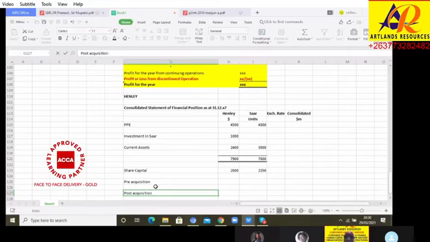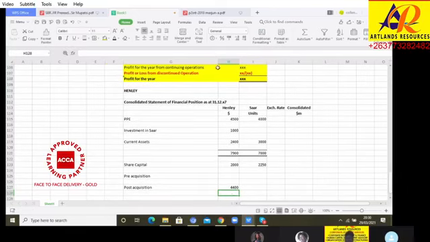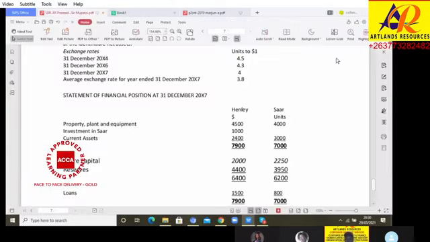So give me for Henley, what do we have? 4,400. For SAR? 4,400. Then for SAR now needs to be split between pre and post.